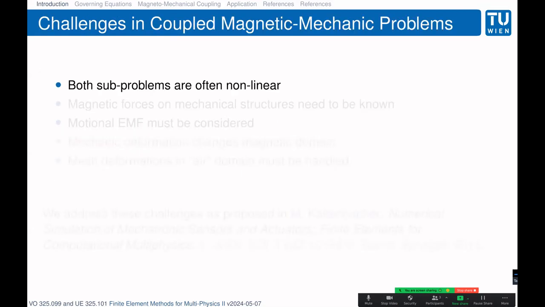So challenges we can have here are, of course, that both sub-problems can be nonlinear. Magnetics can have nonlinear saturation effects. Solid mechanics is typically geometrically nonlinear if we have large deformations. And of course, other material nonlinearities can also be present.